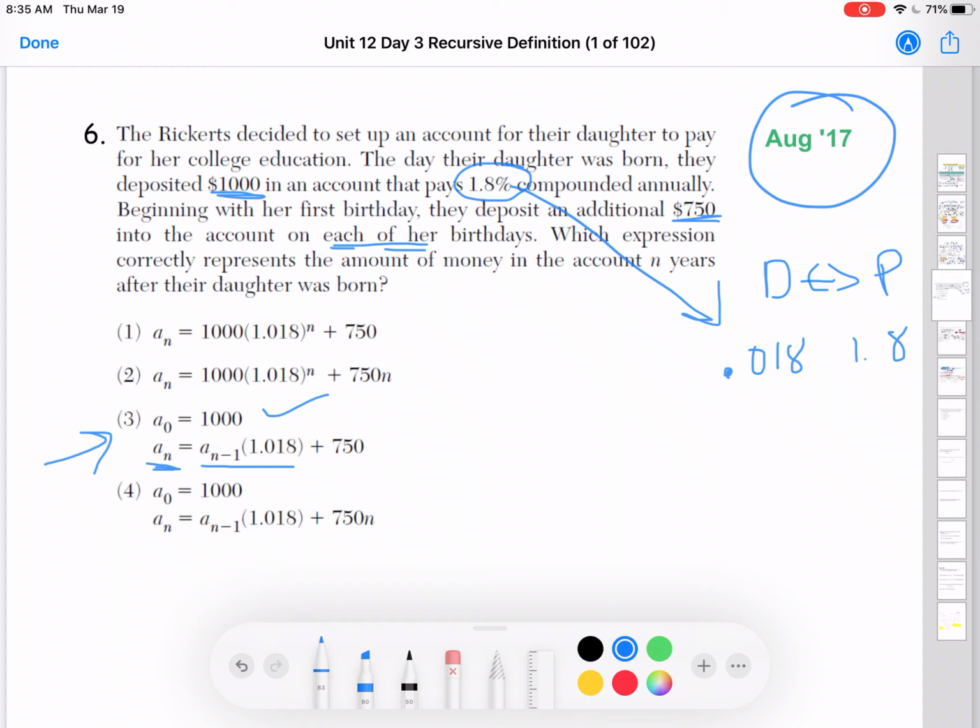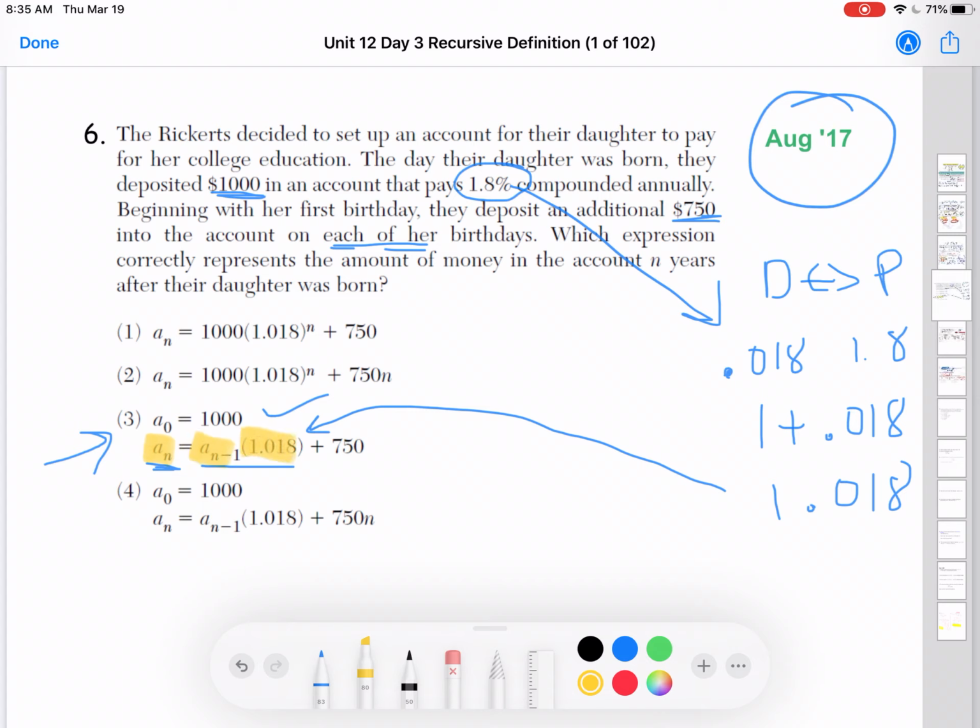This is an increase, so since it is an increase, we're going to add 1 to it. So 1 plus 0.018. So my common ratio is 1.018. So we can see that right here. And this makes sense. The next term is the one before it times that interest rate you're getting. And then I'm like, oh, by the way, I'm going to throw an extra $750 in on every single birthday as well. So this would be my nice recursive definition.